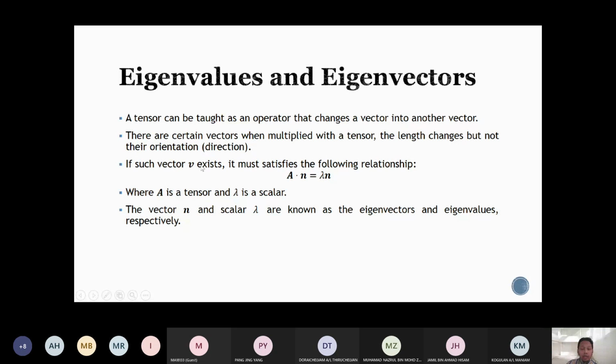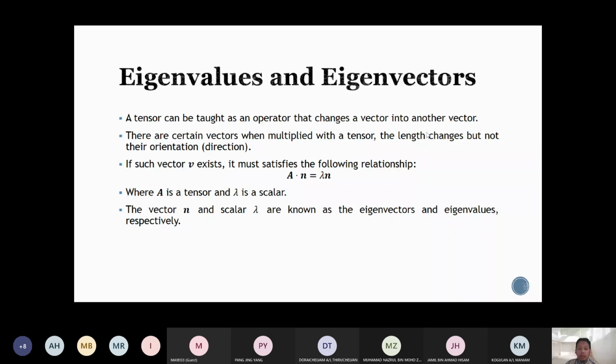Okay, now let's look at another property of a tensor, which is the eigenvalues and eigenvectors. So a tensor can also be thought of as an operator, macam satu operator that changes a vector into another vector. For example, the orthogonal tensor just now causes the vector to change in direction, but the magnitude remains the same.